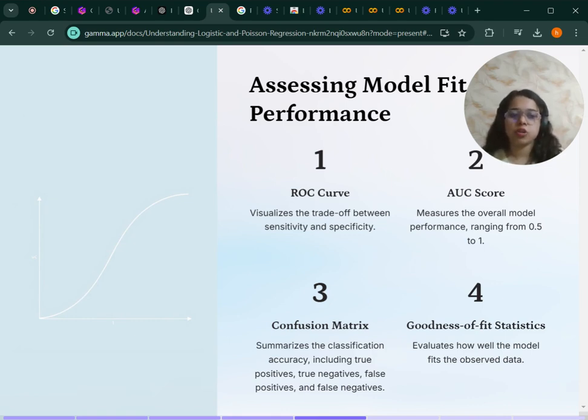We have the AUC score, that is area under the curve, that ranges from 0.5 to 1, that is random guess to perfect performance. And we have the confusion matrix that summarizes the classification results into true positive, true negative, false positive, and false negative. It's a handy tool to evaluate accuracy. And then we have goodness of fit statistics that evaluate how well the model fits the observed data.